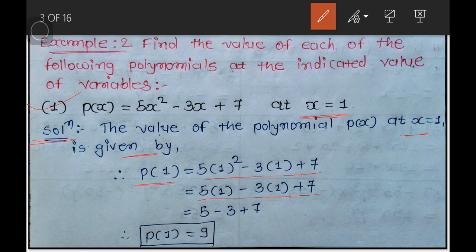So at last we get 5 minus 3 plus 7. 5 plus 7 is equal to 12 and minus 3, then we get p of 1 is equal to 9. So p of 1 is equal to 9 is the value for x is equal to 1. So here we find the value of p of x at x is equal to 1.